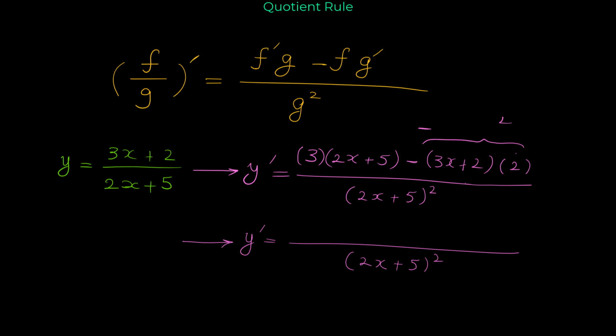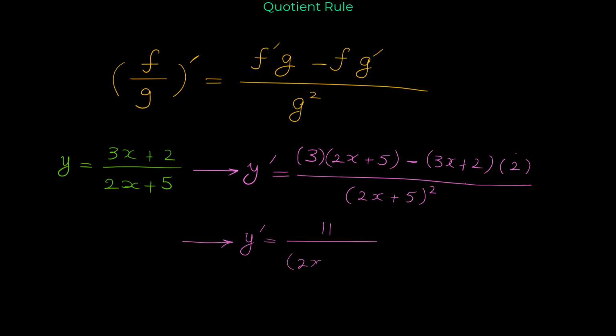So when we simplify the numerator, it equals 11. So we have 11 over 2x plus 5 to the 2. Let me rewrite this here. The answer is 11 over 2x plus 5 to the 2.